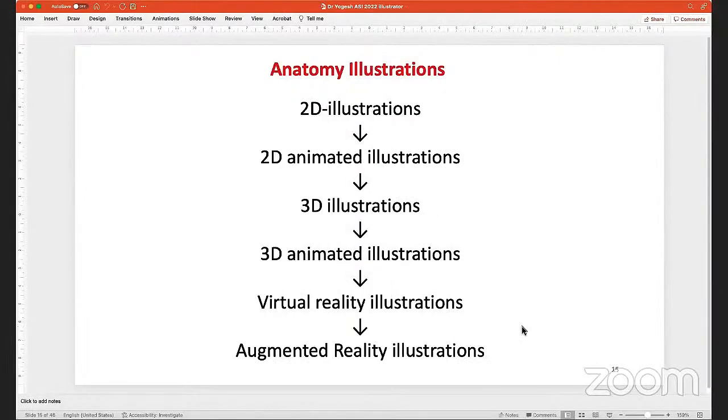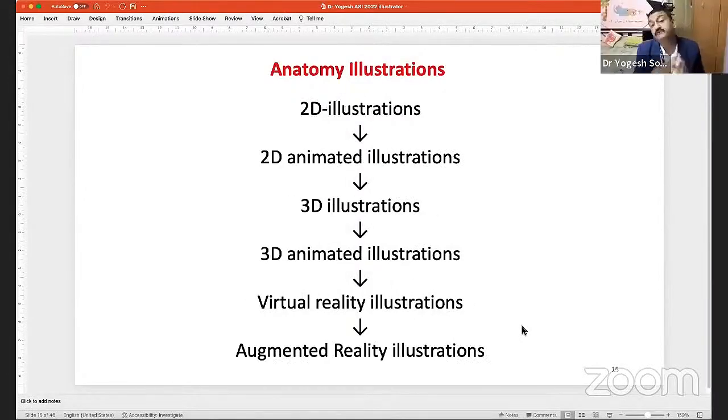Yes. This anatomy illustration further evolved. After that, 2D illustrations came. Then these 2D illustrations were converted into 2D animated illustrations. If we see, there is one group of artists working with Disney, and Tom and Jerry used to be simple 2D animations.